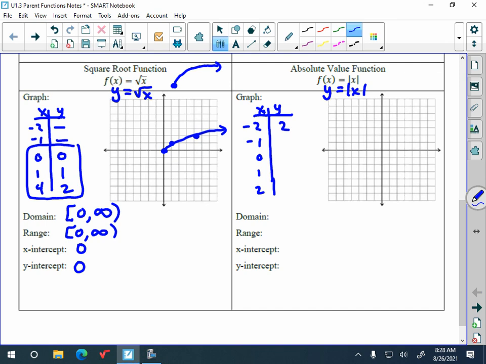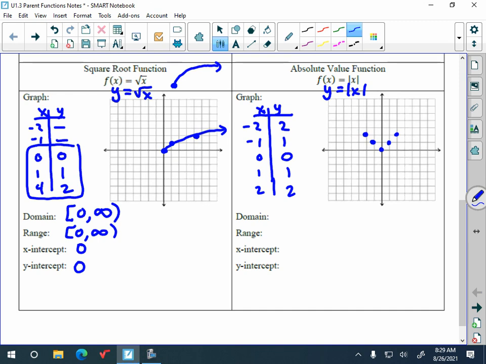Absolute value of -1 is 1, absolute value of 0 is 0, absolute value of 1 is 1, absolute value of 2 is 2. So let's plot those. -2, 2, -1, 1, 0, 0, 1, 1, 2, 2.